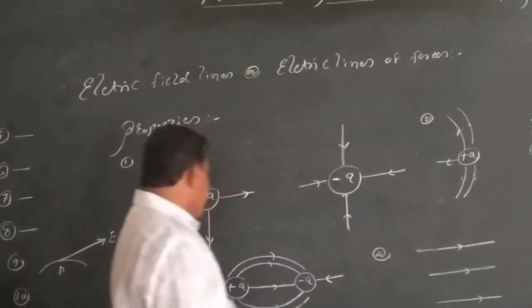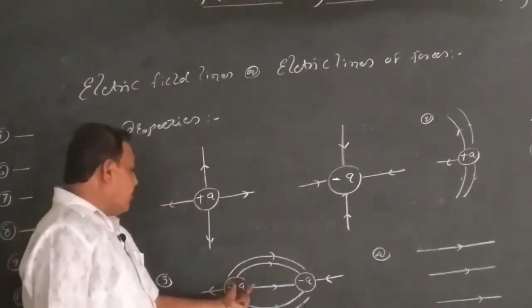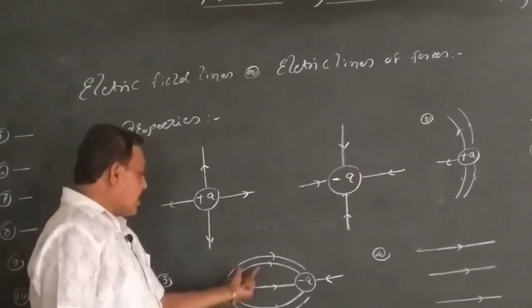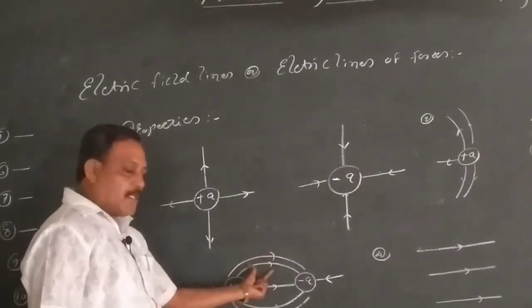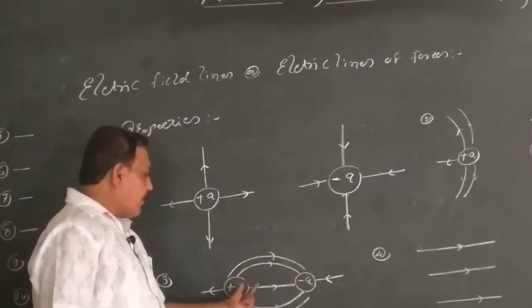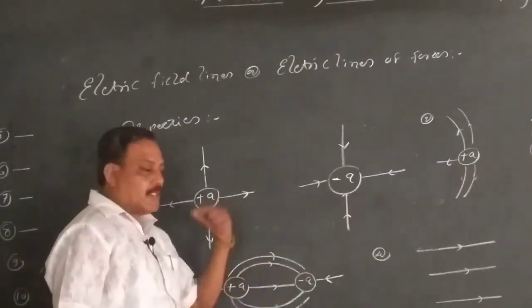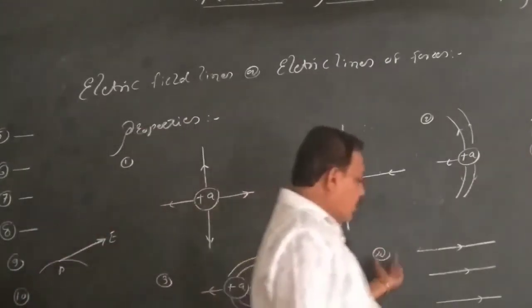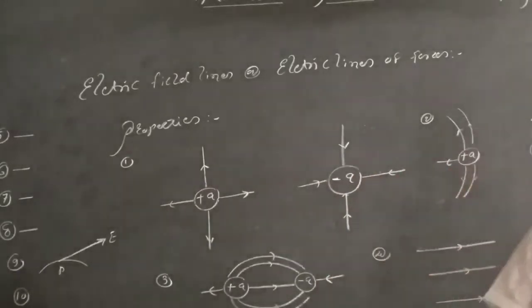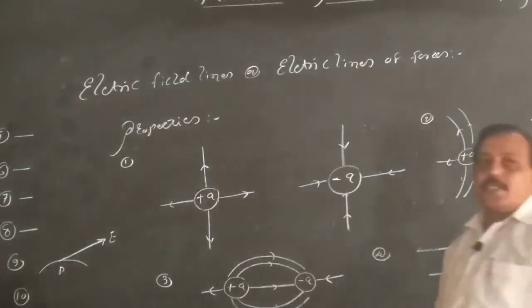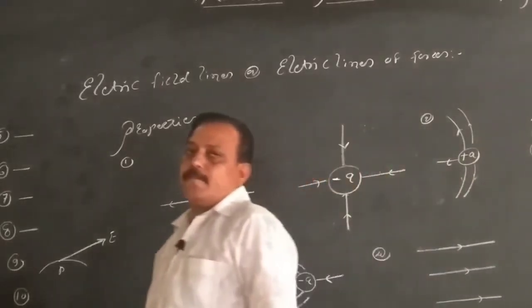Then the third property, the electric lines of forces contract lengthwise, which represents there is a force of attraction between unlike charges. Then I can make the fourth property just by seeing the figure. If the electric lines of forces are parallel, equispaced and in the same direction, it represents a uniform electric field.